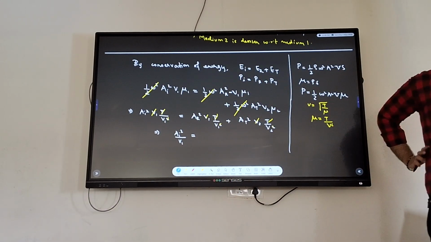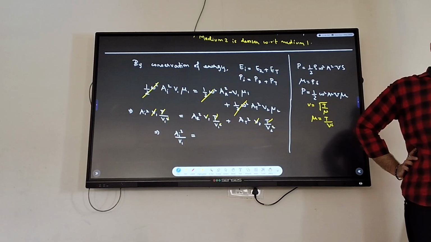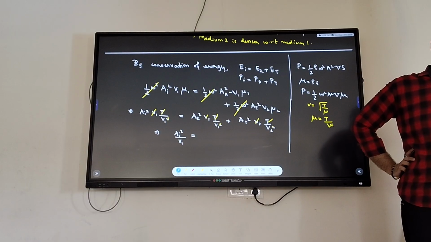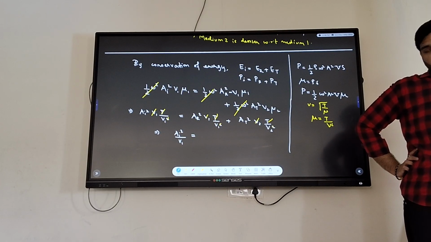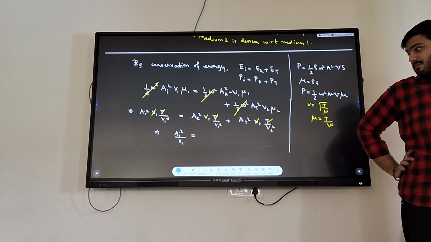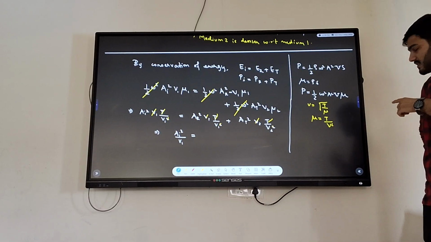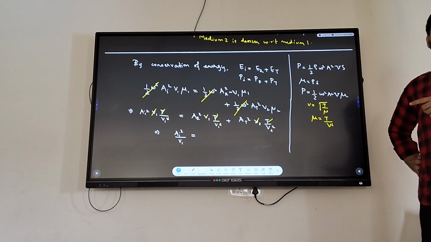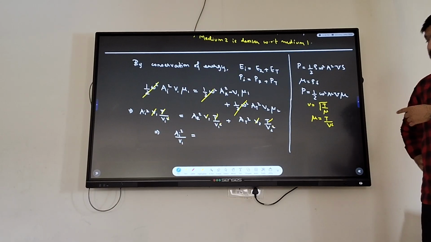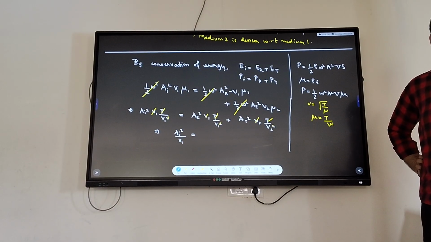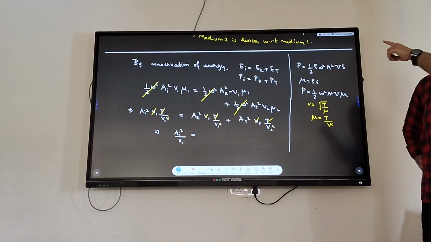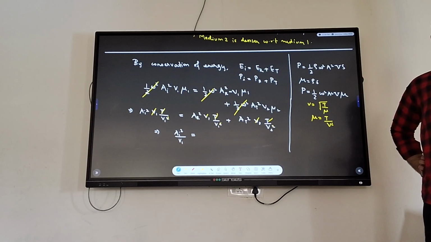You have two mediums and the wave is passing. Actually, I am taking a very special example where I am taking a string. Need not be a string. And I am taking a transverse wave. Again, it need not be a transverse wave. The final form that we will find, the expressions that we found, have nothing to do with transverse or longitudinal waves.